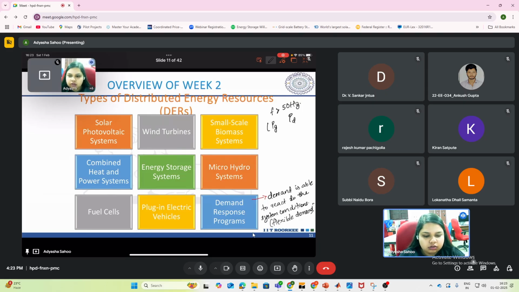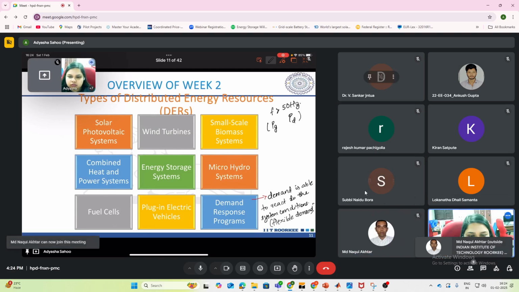Which one is greater? Anyone? If the frequency is greater than 50 hertz, that means the total power generated is greater than the total load demand at that time.